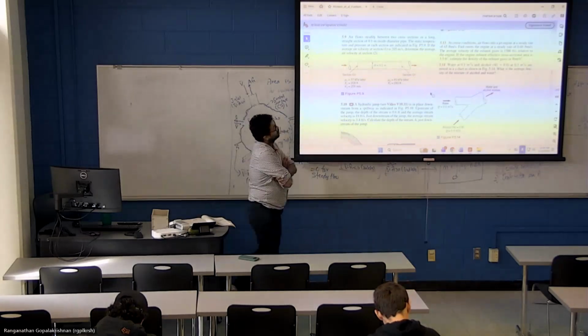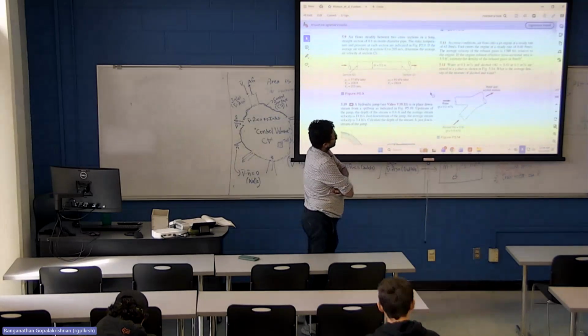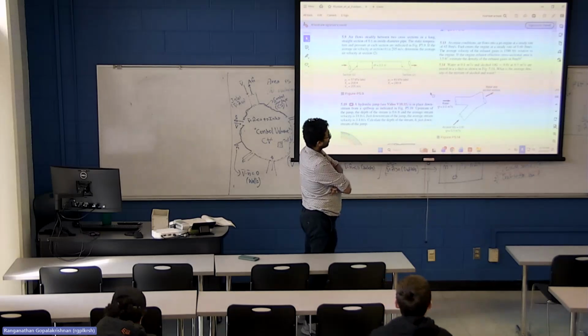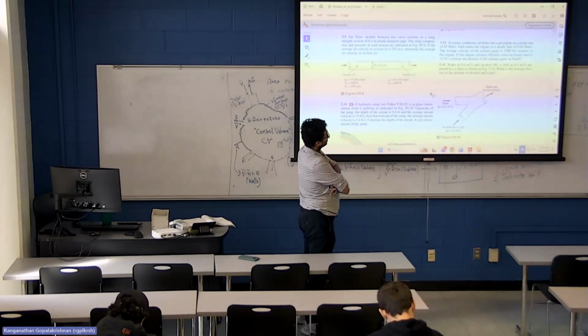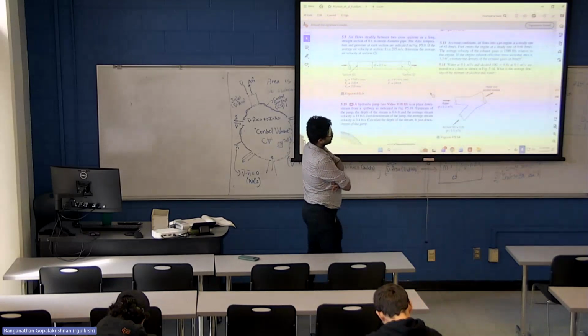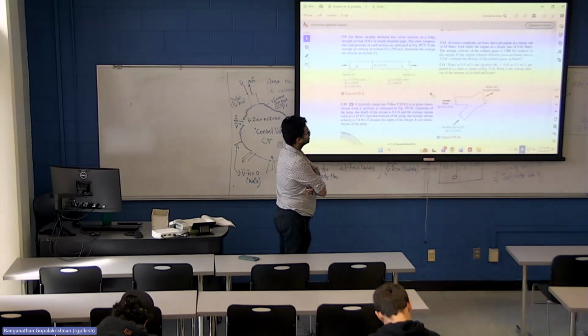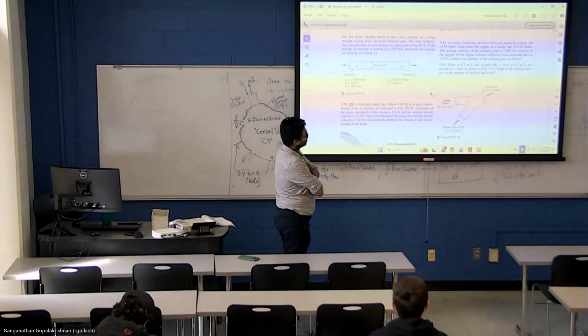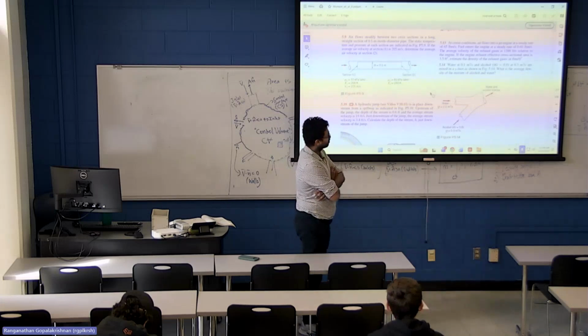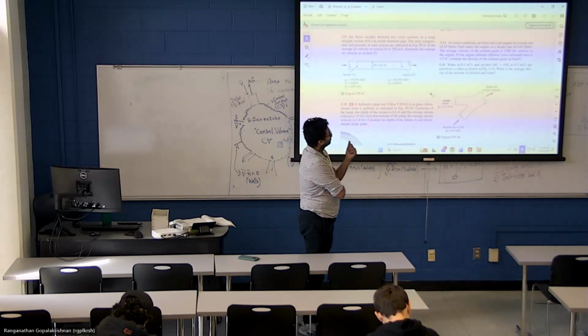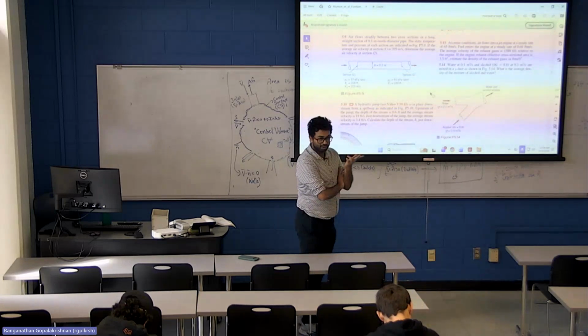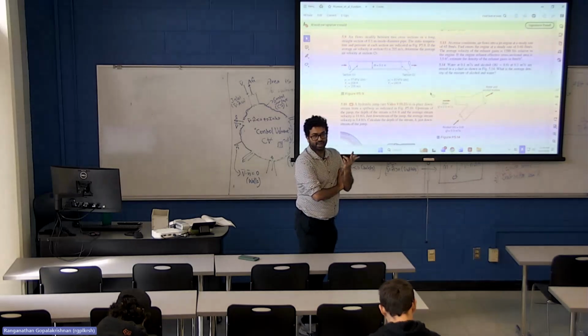Water at 0.1 meter cube per second and alcohol at 0.3 meter cube per second are mixed in a Y duct as shown. What is the average density of the mixture of alcohol and water? Nothing else is given. First, we are given water and alcohol, two liquids, so we'll assume they are incompressible.